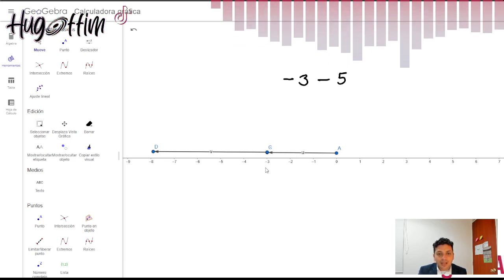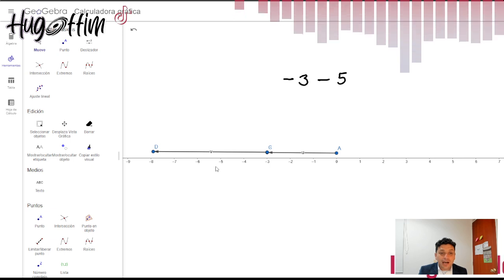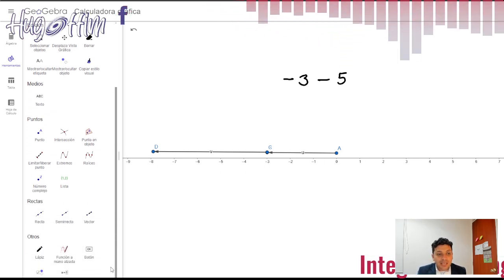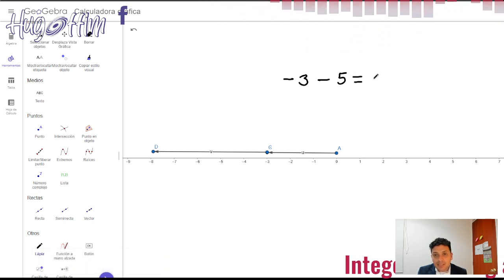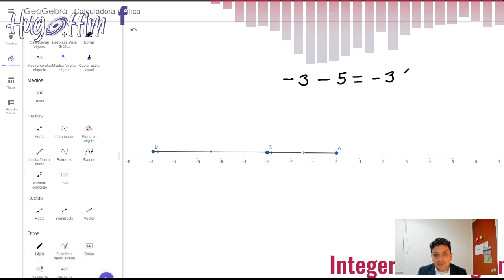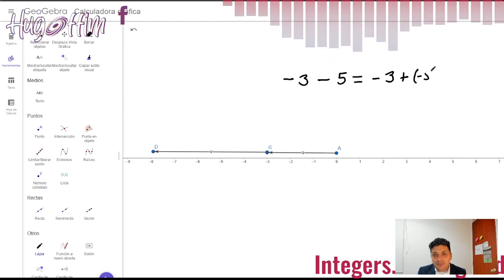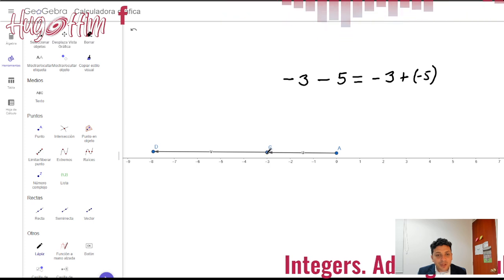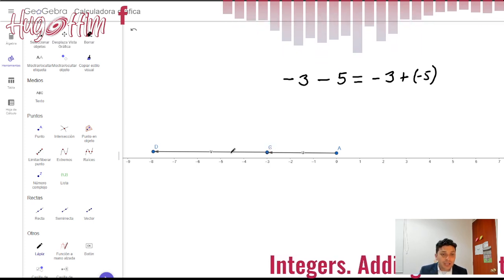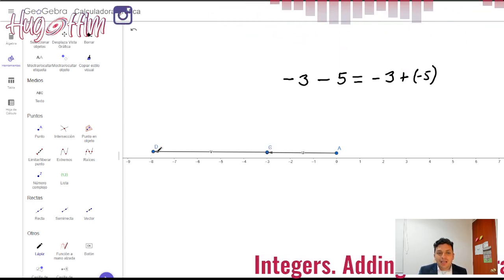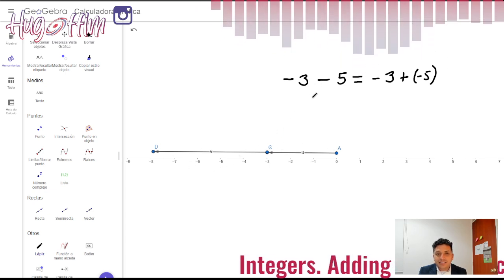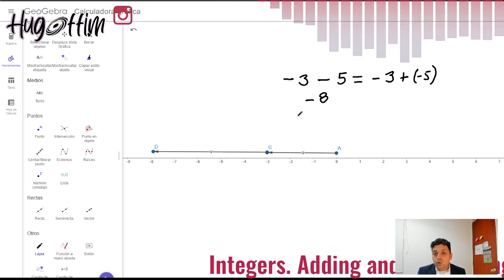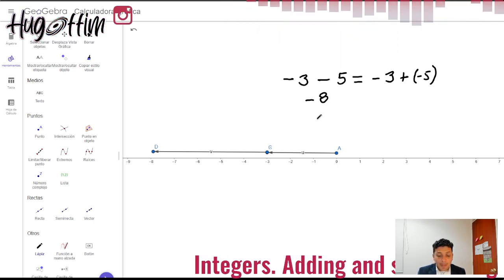So in this case, I'm going to get -3 minus 5, or -3 plus -5. Both are the same. Remember that subtracting the positive is the same as adding the negative. So what we get here is just -3, and I'm going to put right next to -3, -5. So in this case, we're going to get -8. This is what happens when you subtract, or when you want to add two integers.